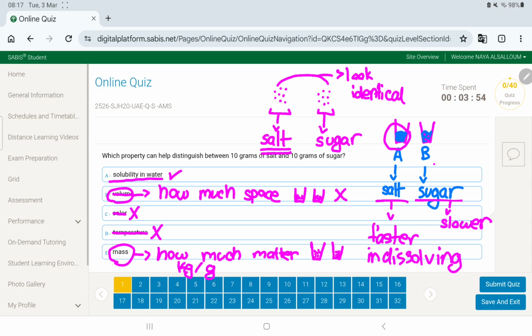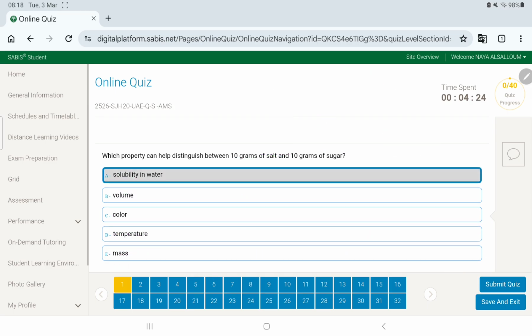It's not like the salt is gonna weigh 200 grams and the sugar is gonna weigh 100. This is actually really unlikely. So it won't make sense to do it using the mass. So here's a big hint for you guys. When you see 10 grams of salt and 10 grams of sugar, solubility in water. Okay? So solubility in water.